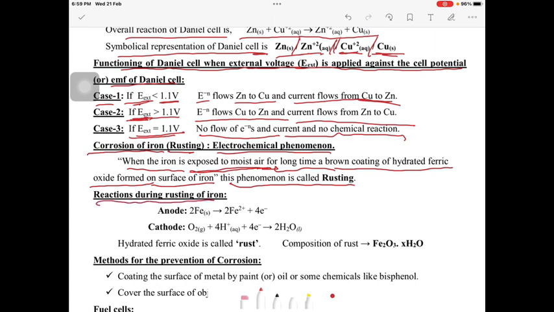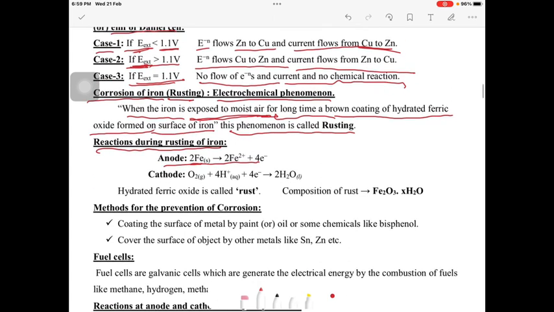Reaction during rusting of iron: iron acts as the anode, undergoes oxidation, and converts to Fe2+. At the cathode, O2, H+ and 4 electrons convert to H2O. Hydrated ferric oxide is called rust. The composition of rust is Fe2O3.xH2O.